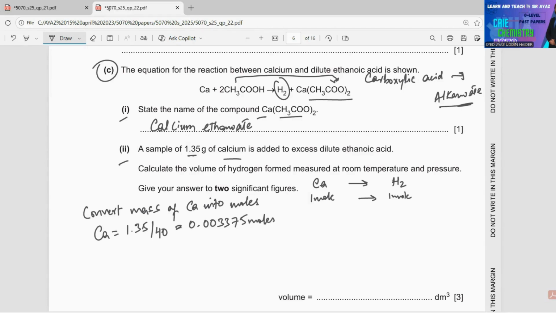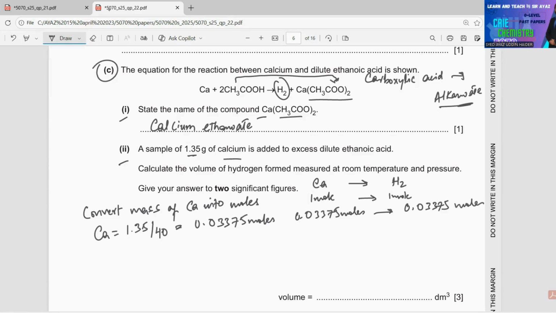So if 1 mole produces 1 mole of H2, 0.03375 moles also gives 0.03375 moles of hydrogen.